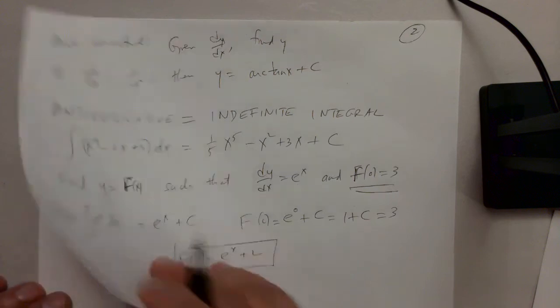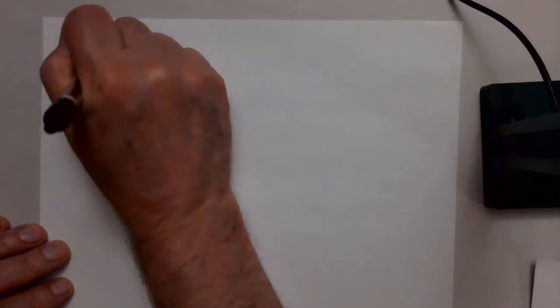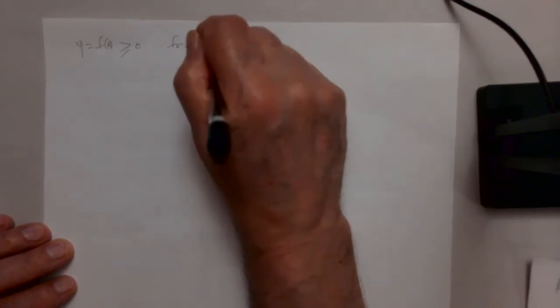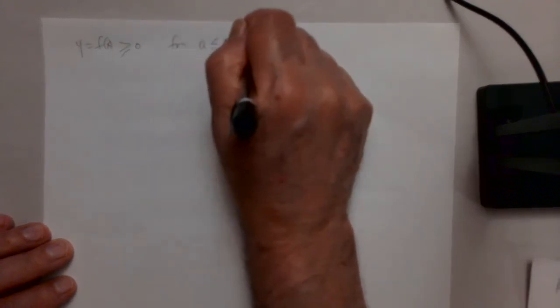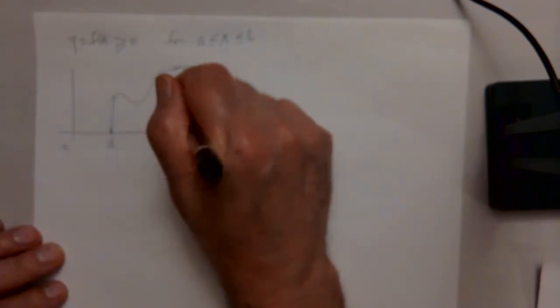There's another problem that uses integration. It's a problem which is very geometrical. Suppose you have a function y equals f of x, which is greater than or equal to 0 for x between a and b. So from a to b, let's say the graph of the function looks something like that.